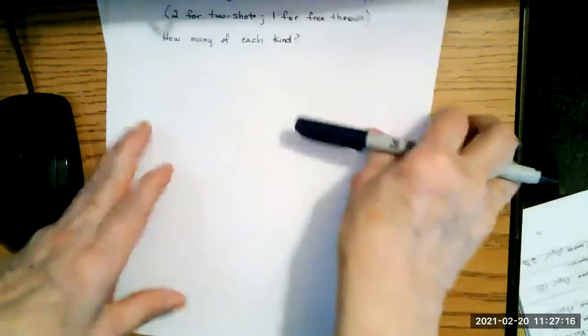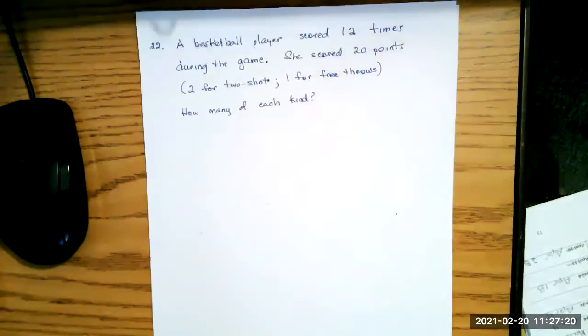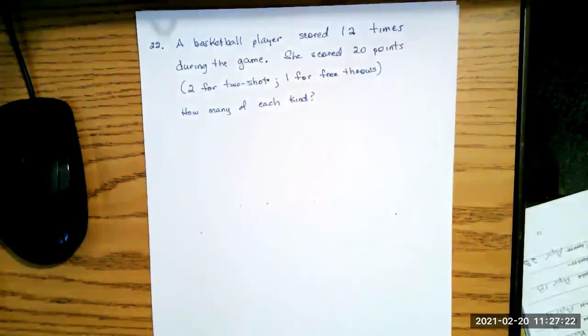22 is actually the last problem in this section, so it hasn't taken us very many minutes to get through it. We have a basketball player. She scored 12 times during the game. So the combination of 2-point throws and 1-point throws, the free throws, added together, that would be how many times she scored, 12 times.